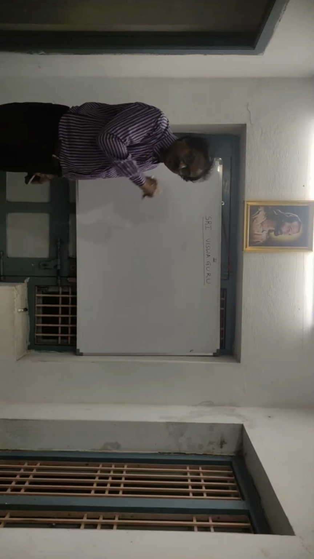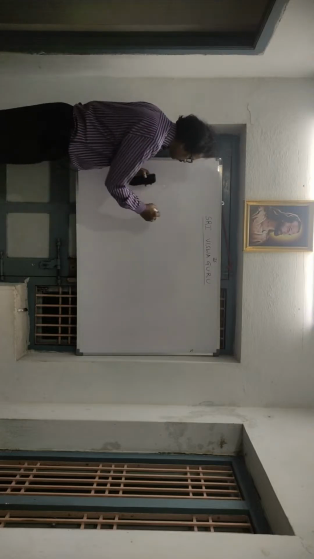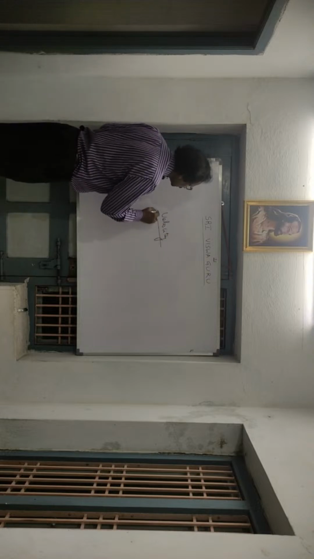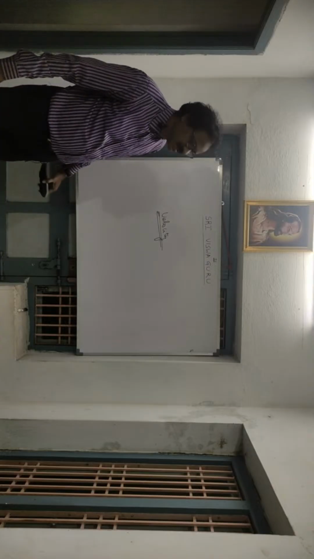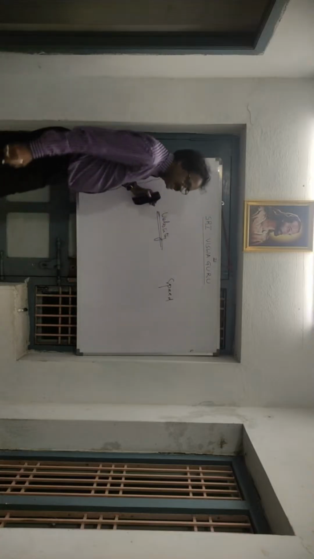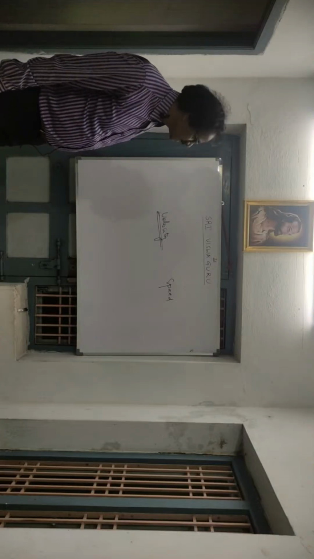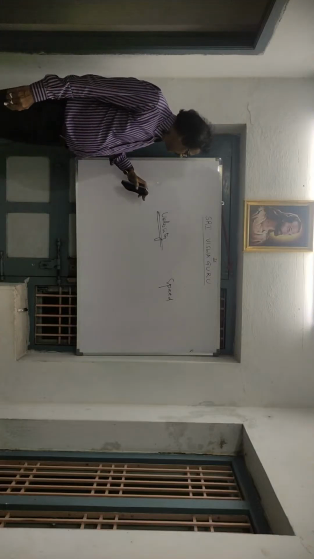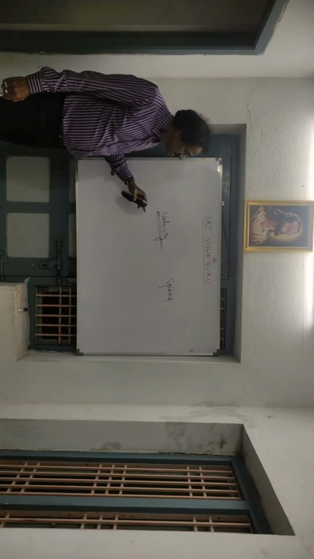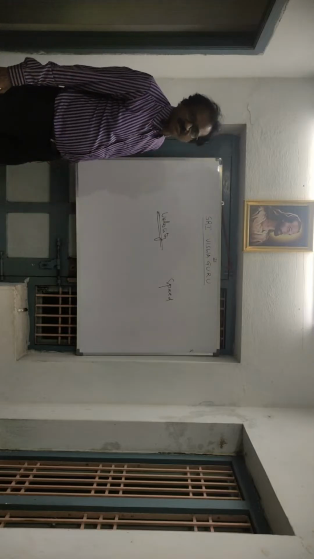Now we are discussing velocity and speed. We discussed acceleration, now velocity. What is velocity here? The distance traveled by an object in a unit time.